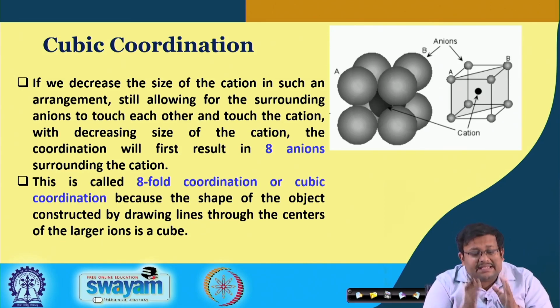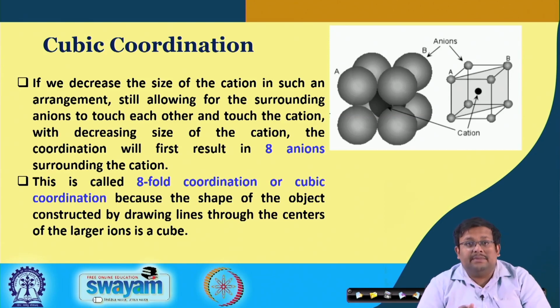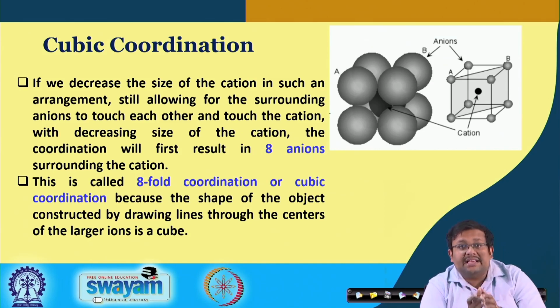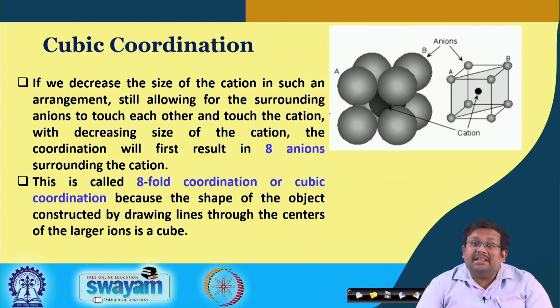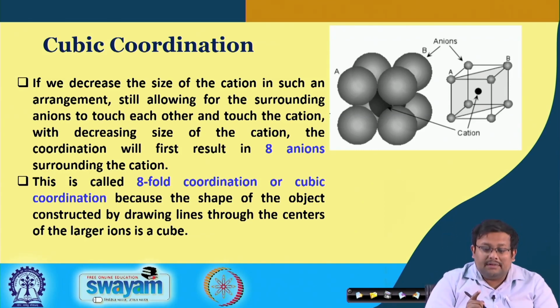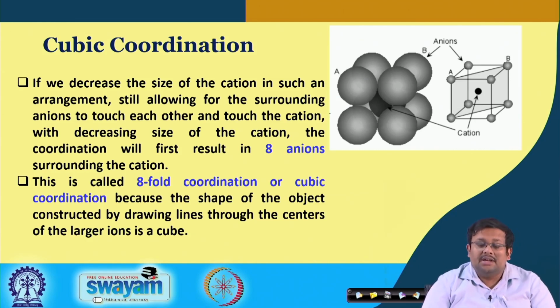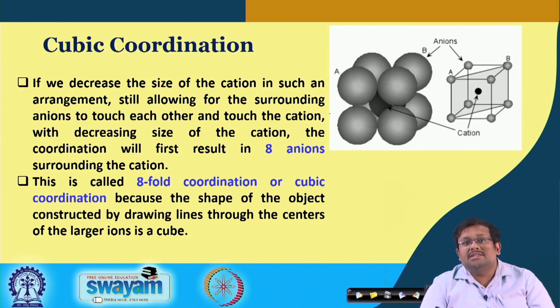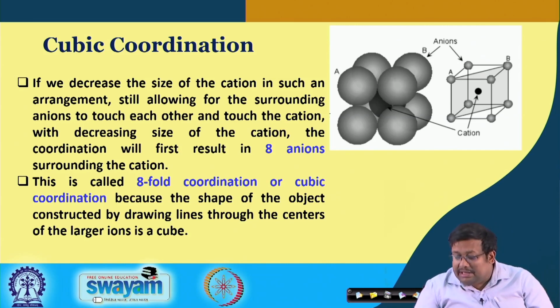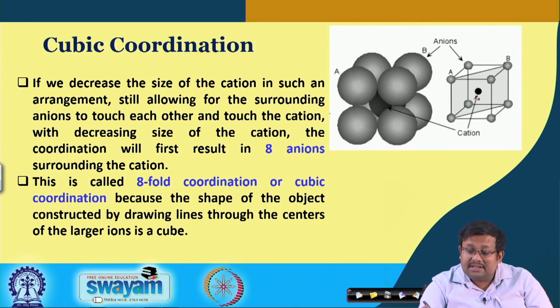So, if we decrease the size of the cation in such an arrangement, still allowing the surrounding anions to touch each other and touch the cation, the coordination will first result in 8 anions surrounding the cation. Earlier we started with 12-fold coordination. Now, we are moving towards 8-fold coordination, because due to the decrease of the cationic size, we are now surrounding the cation by only 8 anions, as you can see here: 1, 2, 3, 4, 5, 6, 7, 8.